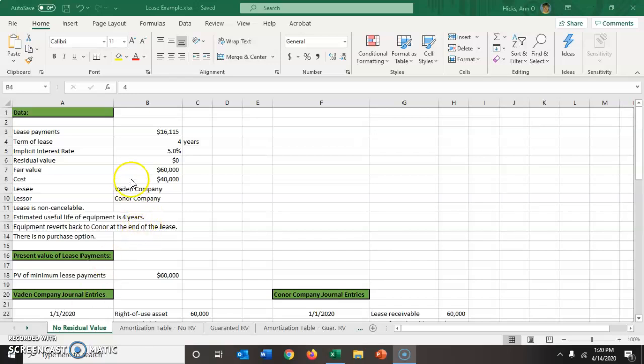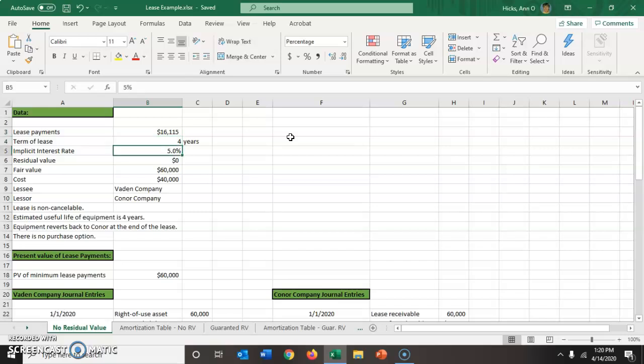So what we have in this situation is Connor Company, the lessor, leasing a piece of equipment to Vaden Company, the lessee. The lease payments are $16,115 a year. The term of the lease is 4 years.